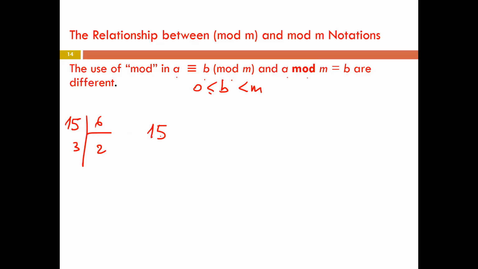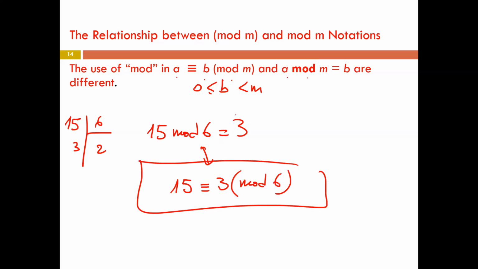So 15 mod 6 is 3. This means that 15 is congruent to 3 mod 6. This is the relationship between the congruence and the mod functions.